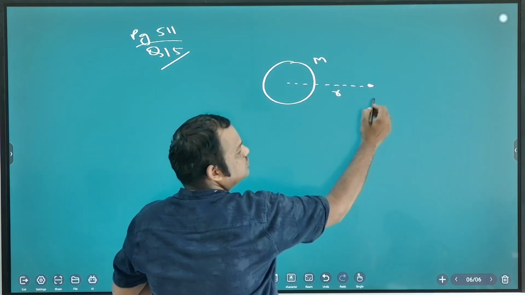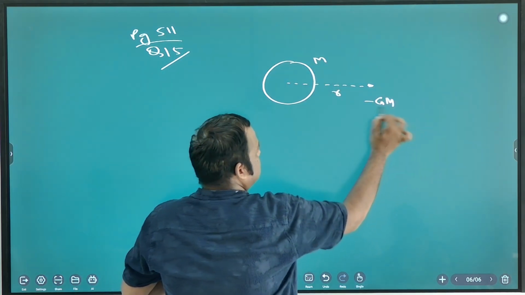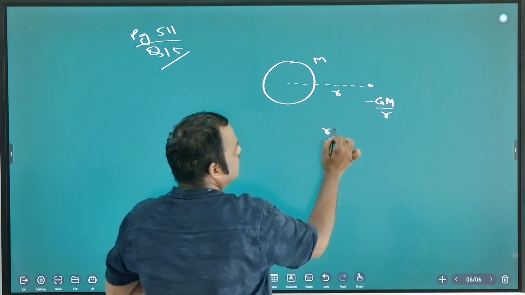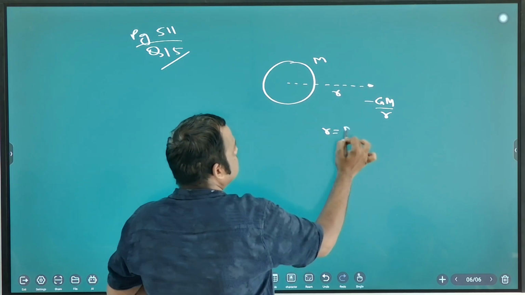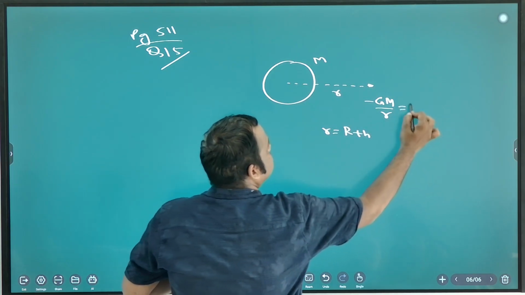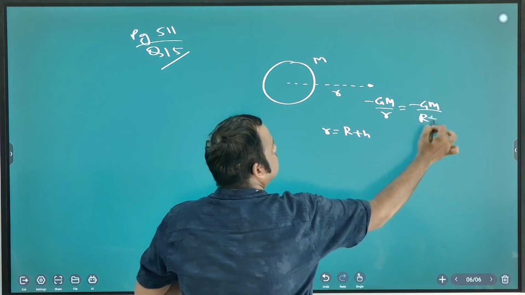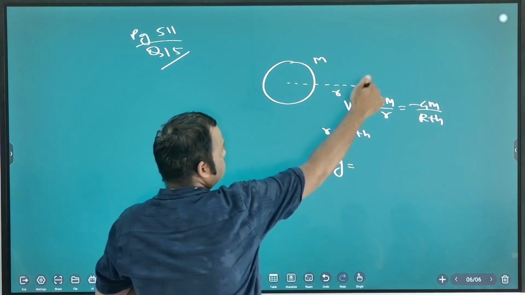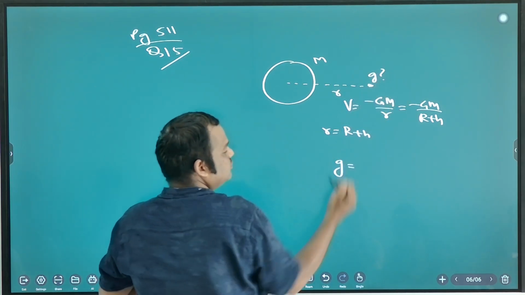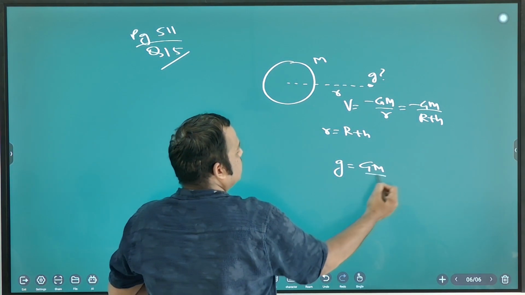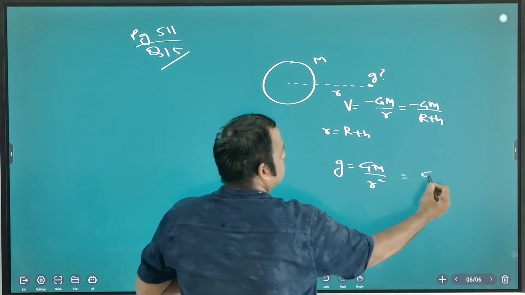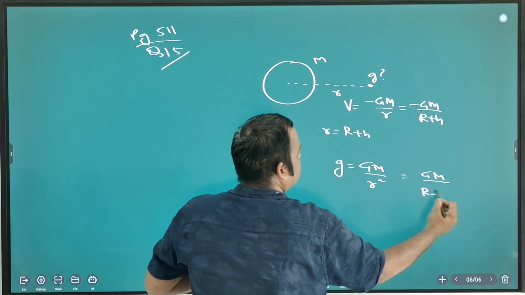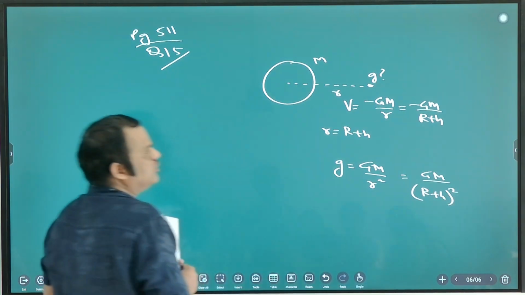Minus GM by R. And small r can be written as R plus H. Very good. And what is the formula for field here? GM by R square, so GM by (R plus H) whole square. Correct. Very good.